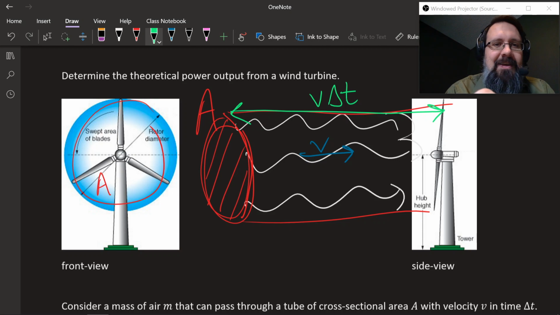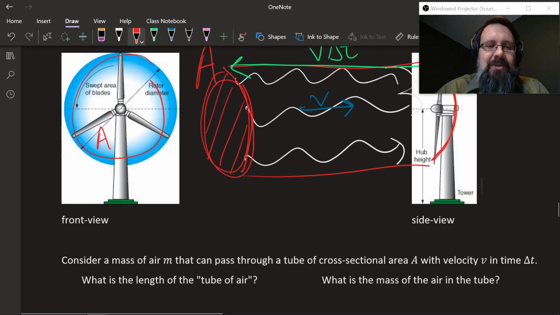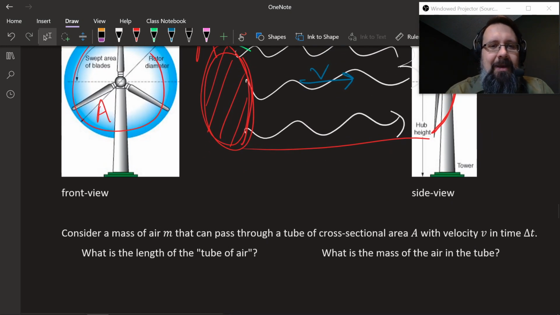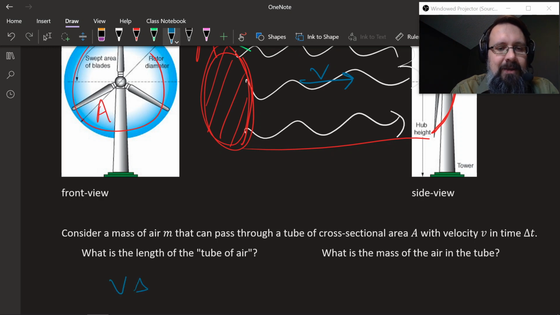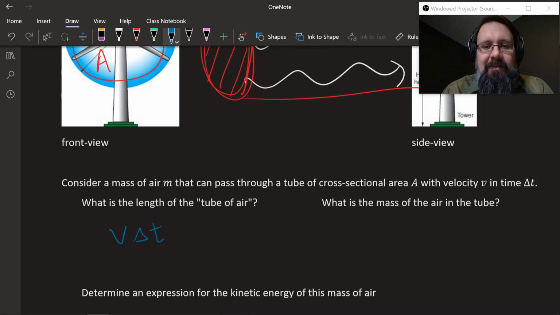So we've basically got this cylinder, and the volume of the cylinder is calculable. So what we want to do now is calculate the length of the tube, and we just said the length of the tube was v delta t. And now what's the mass of the air that's in that tube? The mass of the air is the density of air times the volume of the air. Just like before with flowing water, this time we have flowing air.